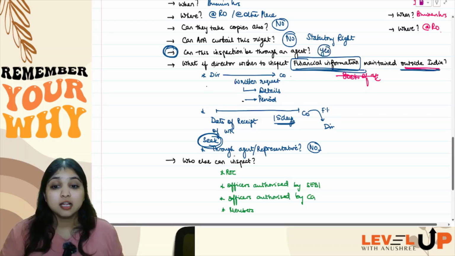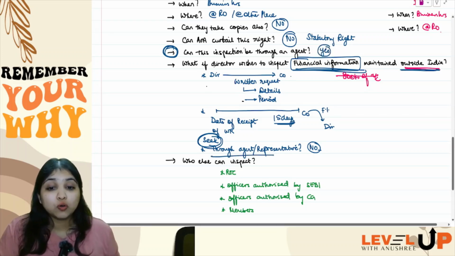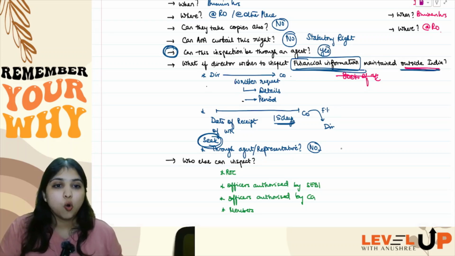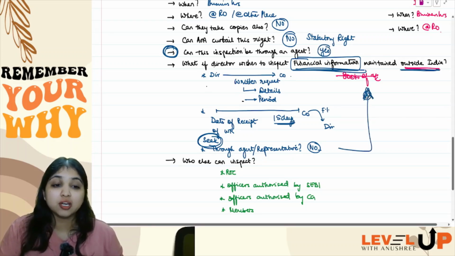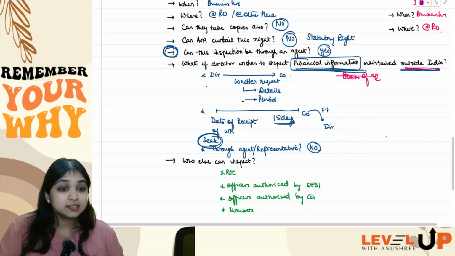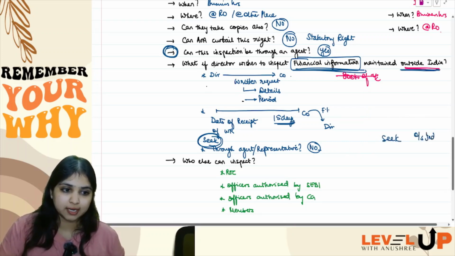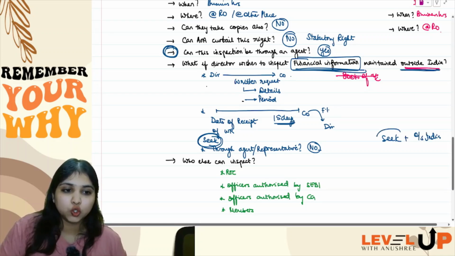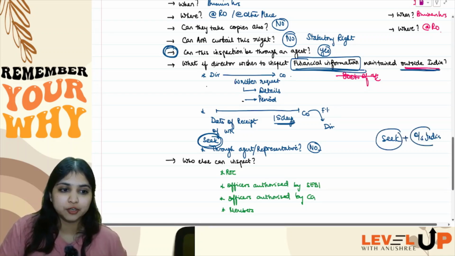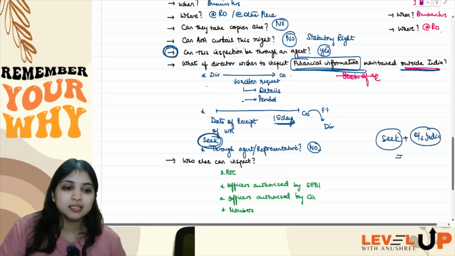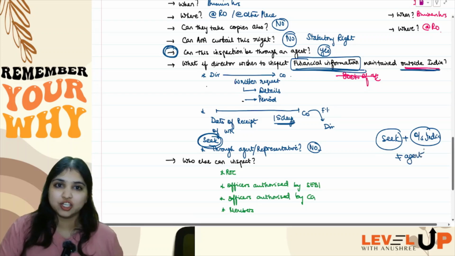The reason is the law says that through an agent or representative, you cannot seek only financial information outside India. See, if you want to seek financial information outside India, this combination, two elements, you are asking for information outside India, this you cannot do through an agent.